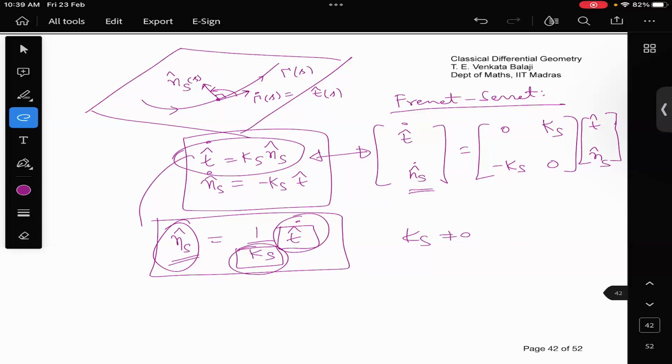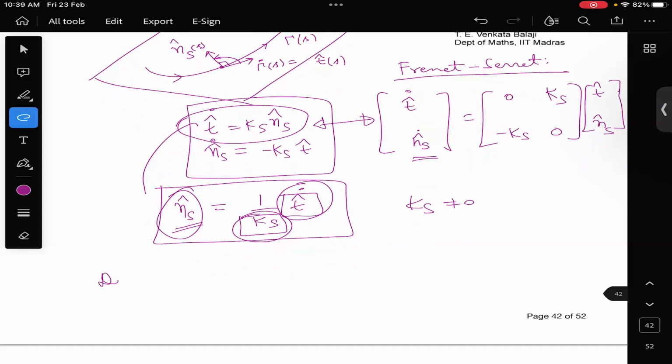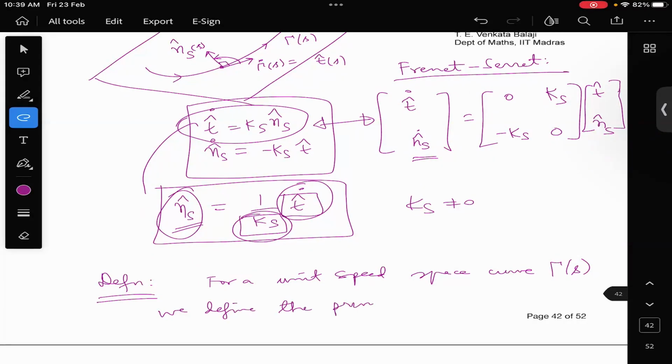Okay, so we make the definition. The definition is motivated by this: for a unit speed space curve gamma of s, we define the principal normal. It's called the principal normal, and the definition is similar to the signed normal, but with respect to this formula.